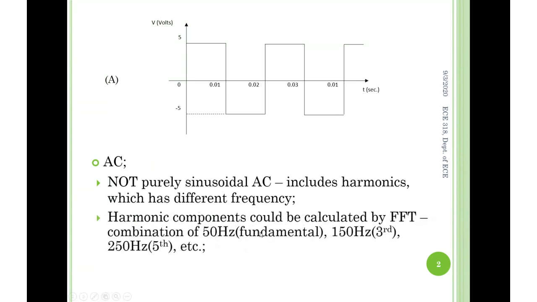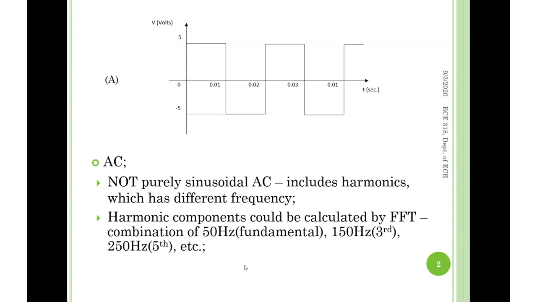And the harmonics, as we just discussed, are the ACs with frequencies other than 60 hertz. So how do we find those harmonic components contained in this mixing signal? We can use the Fourier Transform, FFT. FFT stands for Fast Fourier Transform.